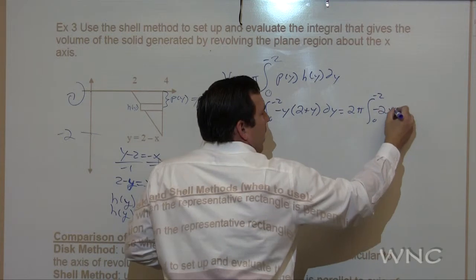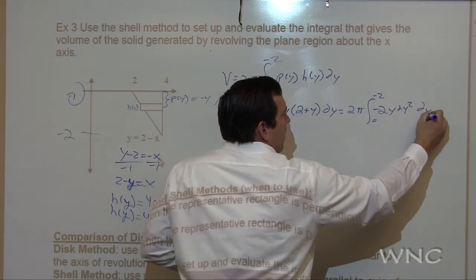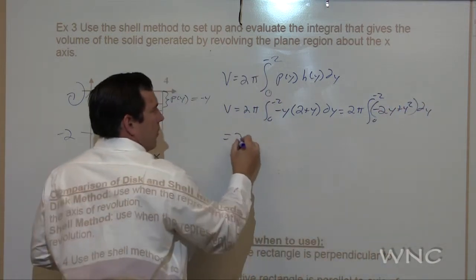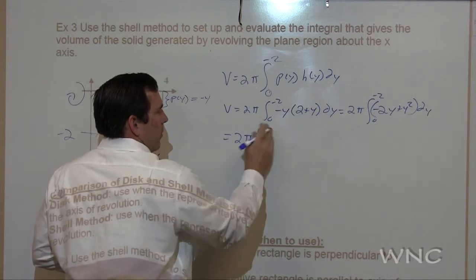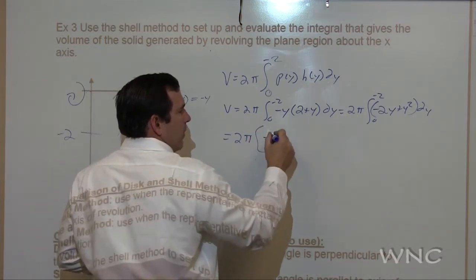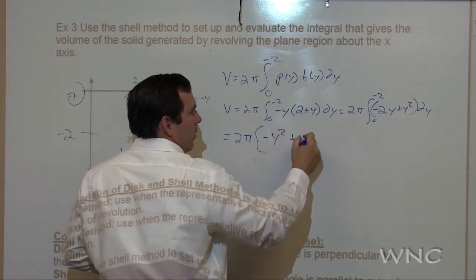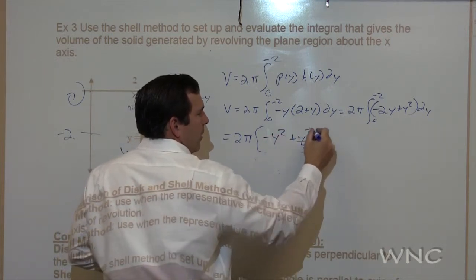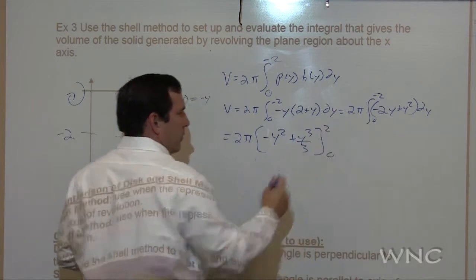That's negative 2y minus y squared dy. That is negative y squared minus y cubed over 3 from 0 to 2.